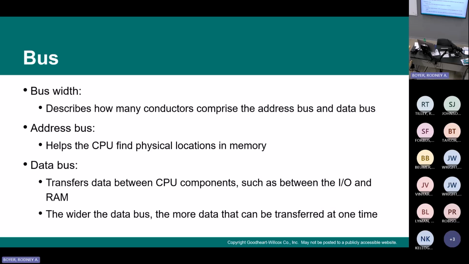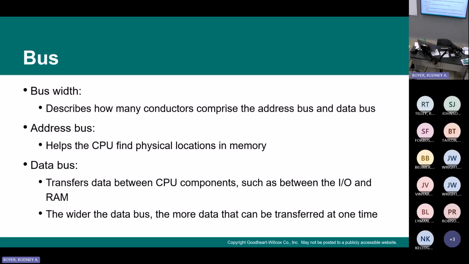Bus. There are two different buses in your controller: address bus and data bus. Address bus physically maps the memory, and then the data bus is what the actual data is transferred across.